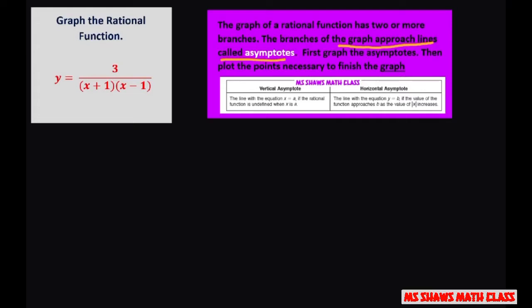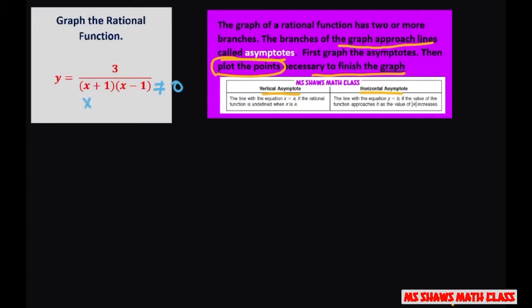We're going to find our vertical asymptote, our horizontal asymptote, and then we're just going to find some points to help us finish the graph without a calculator. For the vertical asymptote, this is the easiest one. It merely is where the denominator cannot equal 0, because you can't divide by 0.